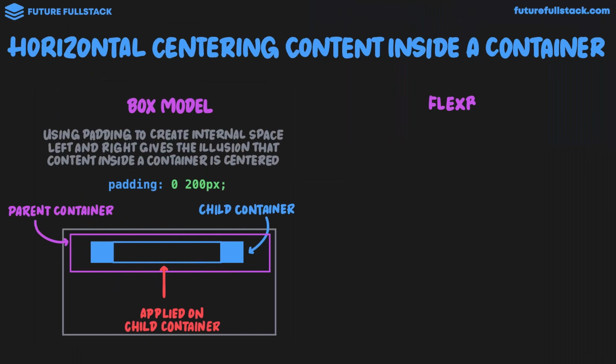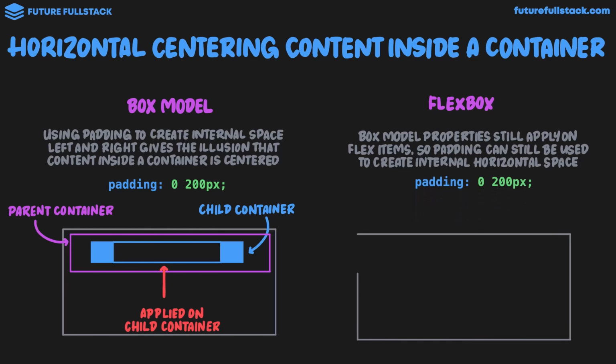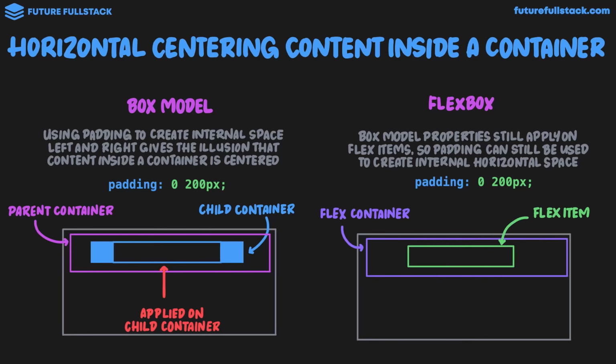So looking now at Flexbox, box model properties still apply on flex items, so padding still can be used to create internal horizontal space. So in terms of horizontally centering content inside a container, we can still use the padding property from the box model. Looking in diagram form, we have our browser, our flex container, our flex item, our main axis running top to bottom, our cross axis running left to right, and padding is simply just applied onto the flex item, creating internal horizontal space.